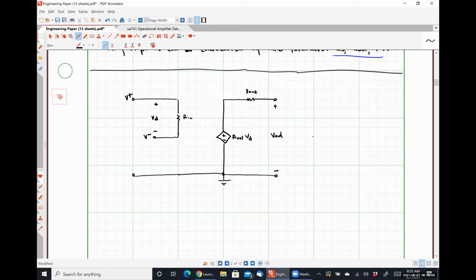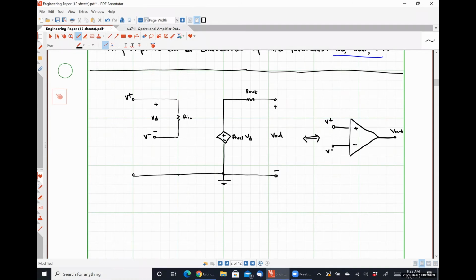So this circuit is how we are going to look at what we saw back in circuits 1 as a simple triangle, like so. So these two models are interchangeable.